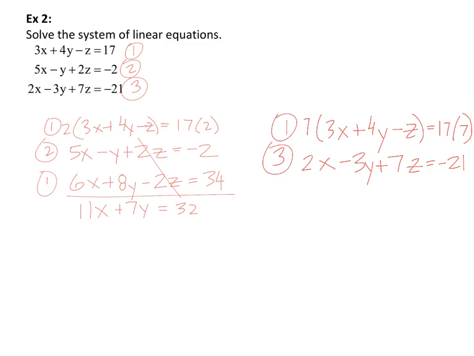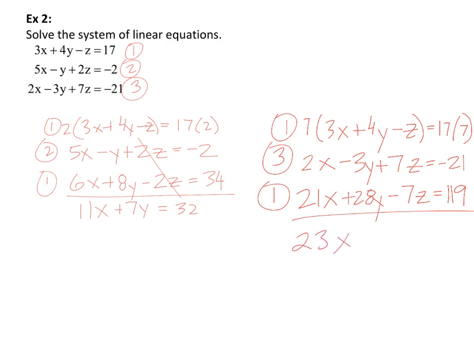Once again, I'm going to take that first equation and put it below the third. So 21x plus 28y minus 7z is equal to 119. So I get 23x and then plus 25y. These cancel out. I'm left with 98.